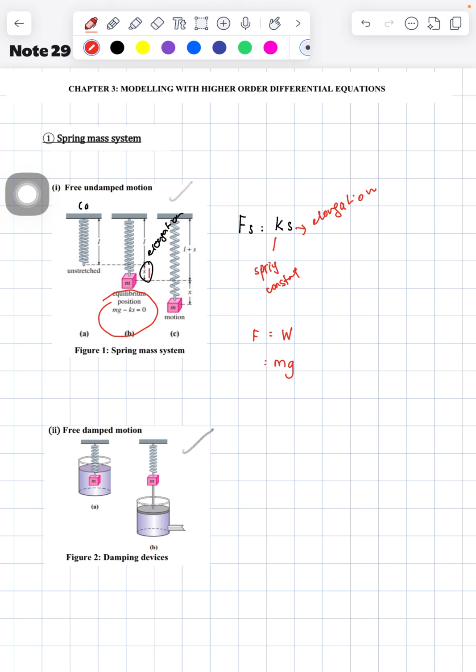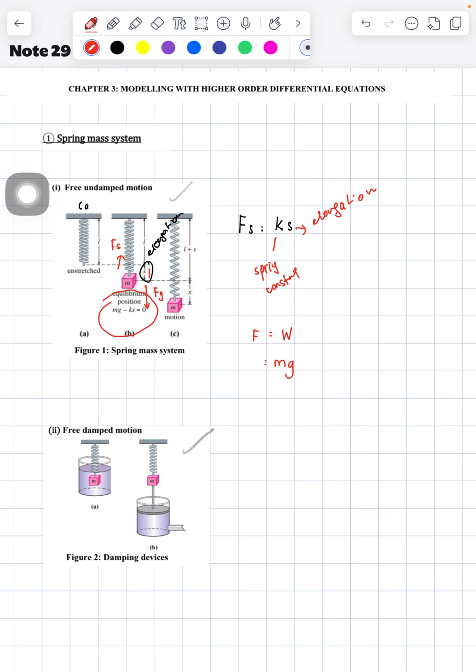In the system we have the restoring force Fs, which acts upward, and the gravitational force Fg, which acts downward. The thing you need to remember is that when the force acts upward, the sign is negative. When the force acts downward, the sign is positive.